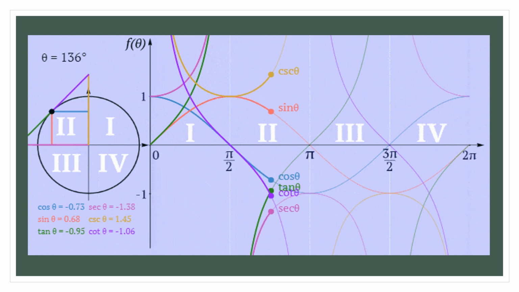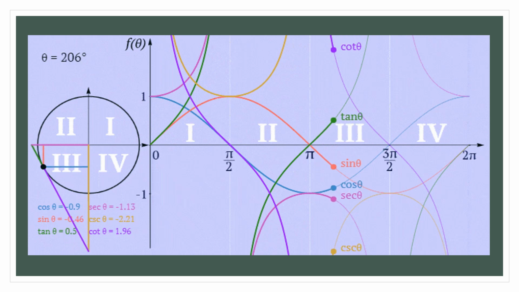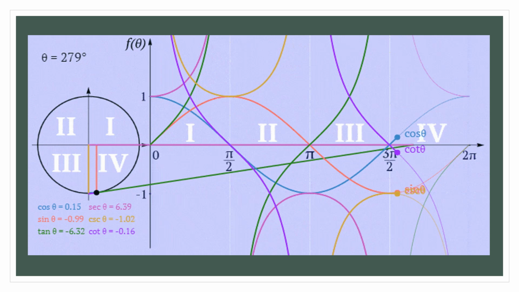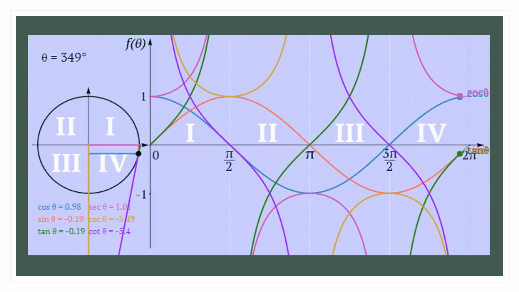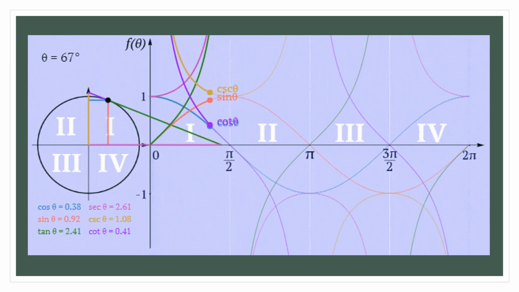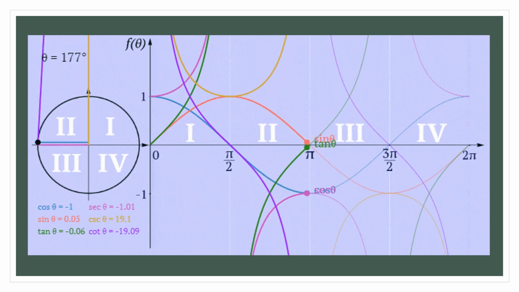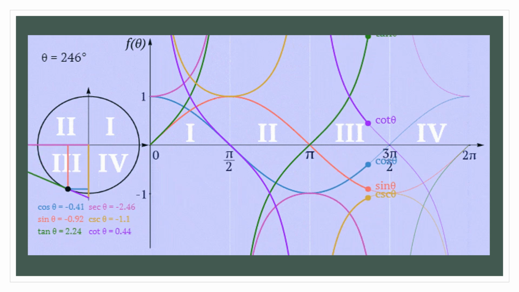And if we move further, in the second quadrant the x coordinate is going to increase and the y coordinate is going to decrease. So yes, x increasing and y decreasing. This is the one semicircle rotation pattern.